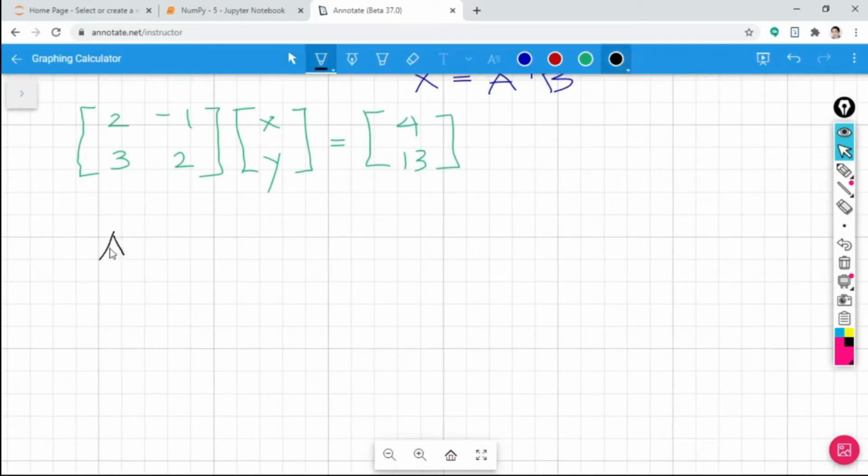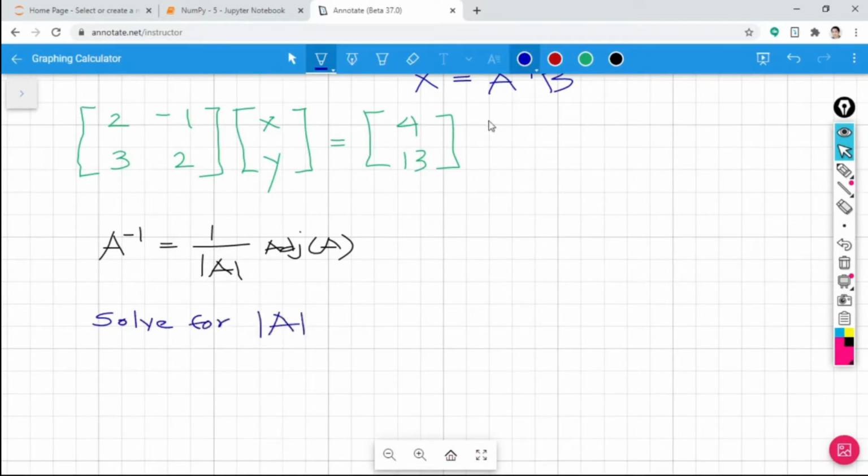To be able to find the inverse of a matrix, the formula is 1 over the value of the determinant times the adjoint of A. First, let us solve for the determinant, which is denoted by this one.